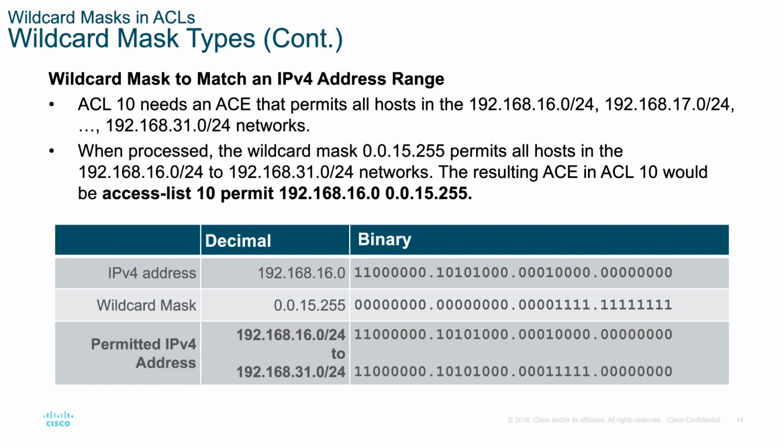So here we want to permit the hosts from a range of networks from 192.168.16 through to 192.168.31. So you need to look at a combination of bits that changes.